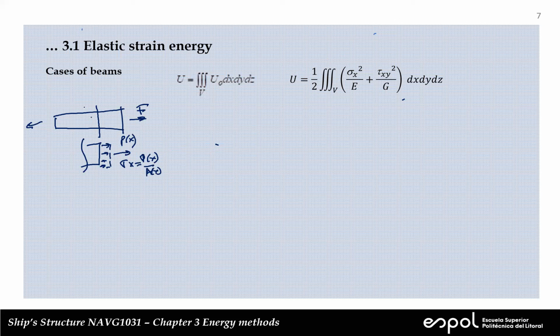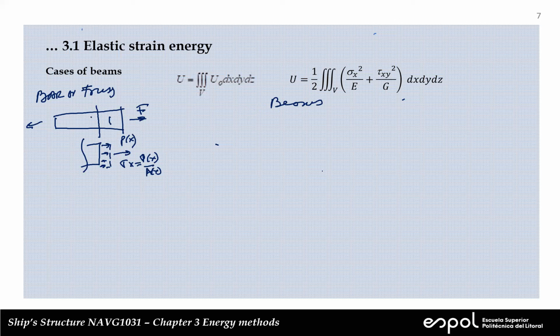Okay, this is for the case of a bar or a truss. Now, let's see for the case of beams, okay? In the case of beams, the load is perpendicular to the x-axis. And immediately, the bending will generate the presence of bending moment and shear force, right?